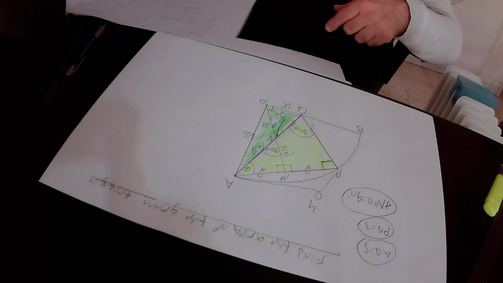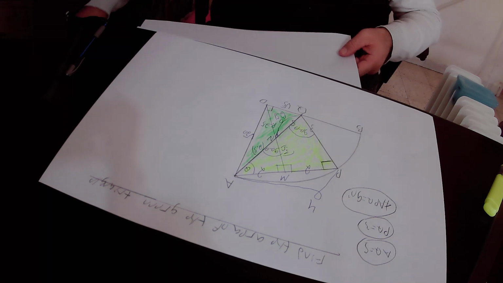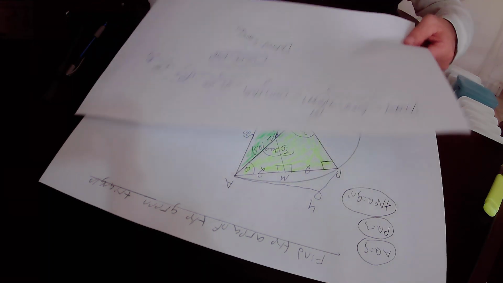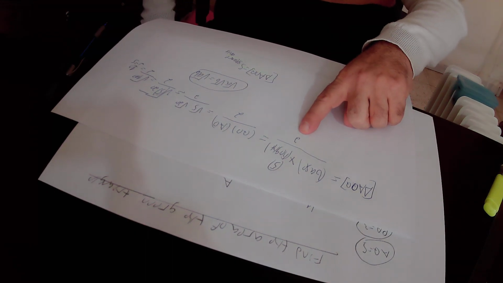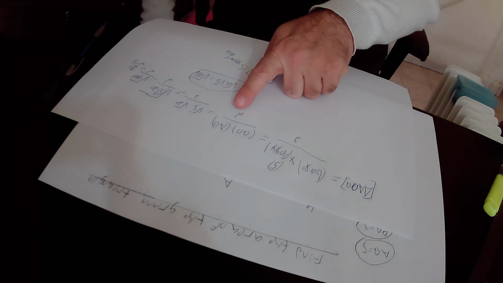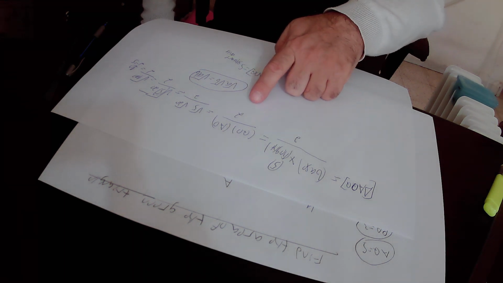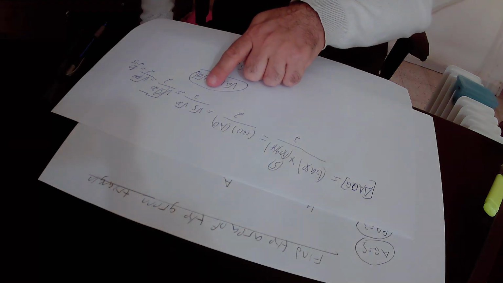Now it is very easy to find the area of this green right triangle AQO. The area equals the base times the height over 2. The base is QO, the height is AO, because it creates 90 degrees with the base, over 2. QO is square root of 5, AO is square root of 20, divided by 2.